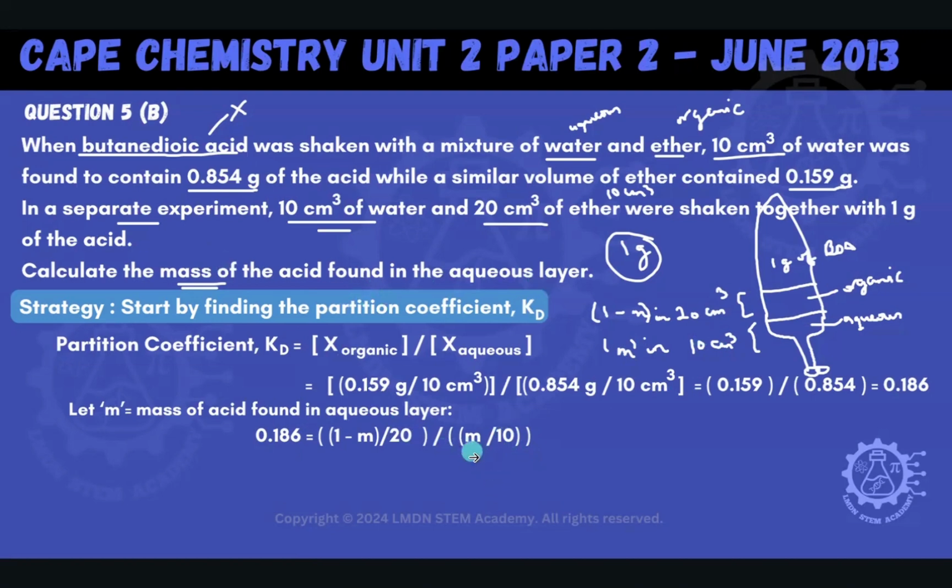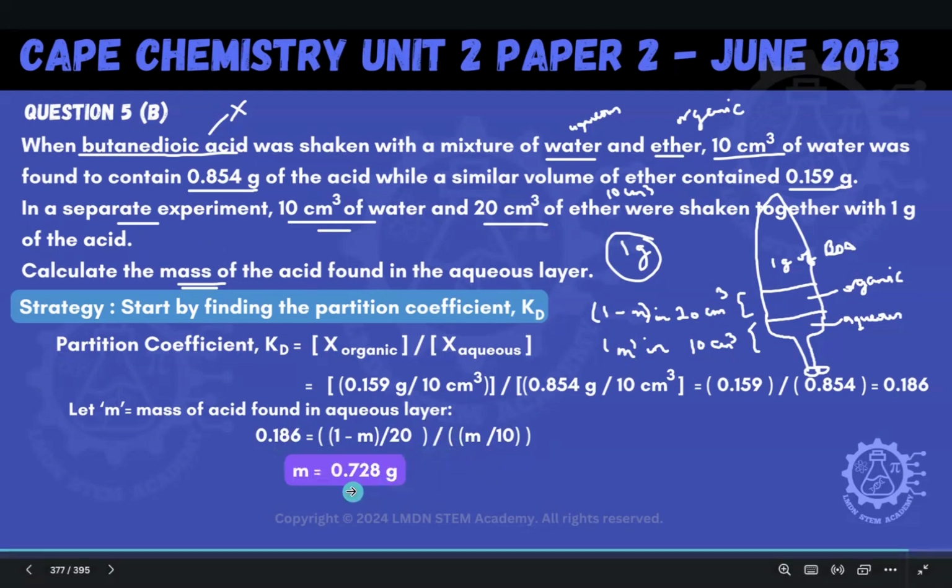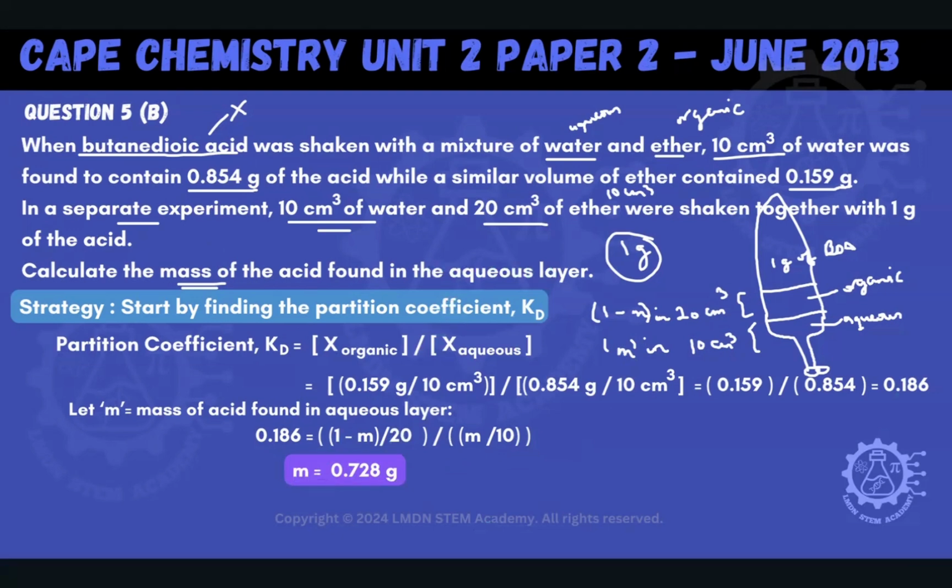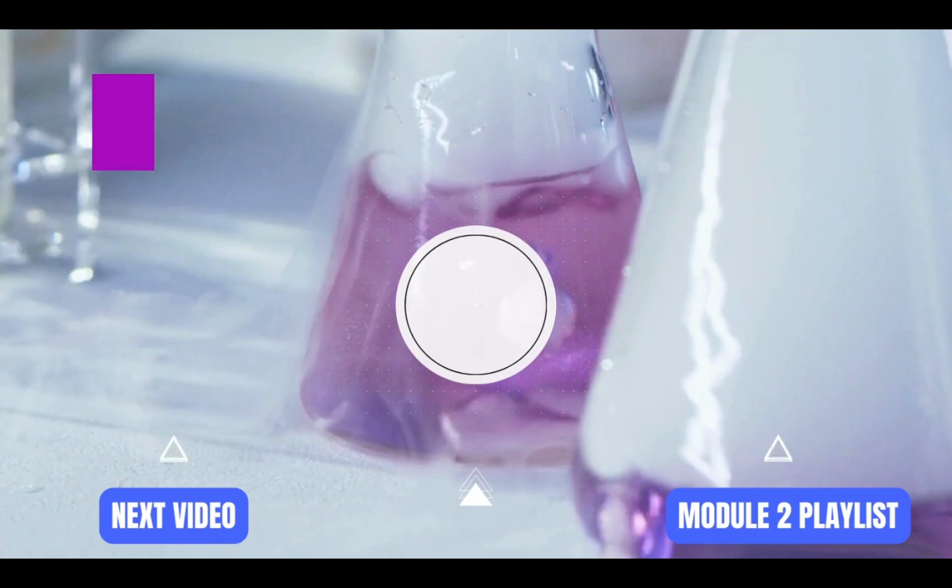So we're solving for M. And when I do this in my calculator and solve for M, I come up with a value of M equal to 0.728 grams. And so that's the amount of mass of the acid that will be found in the aqueous layer. Okay? All right. And so with that, we've come to the end of this question.